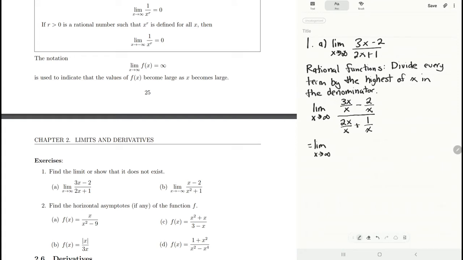After we divide every term by x, let's simplify all of the fractions. So 3x over x simplifies to 3. Then we have minus 2 divided by x. And in the denominator, we have 2x over x, which will simplify to 2. And then we have plus 1 over x.